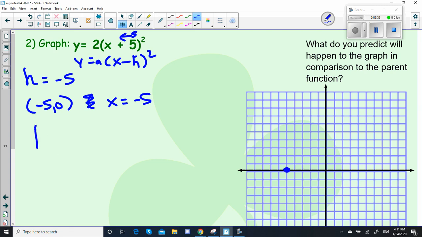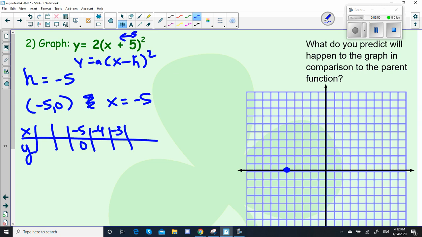Okay, now I'm going to make my table. I also know this is a stretch because of the 2 for a, and the stretch is more narrow. So if I put my -5, 0 here, up 1 would be -4, up another -3, back 1, and back another. So now we're plugging these x values in for x.